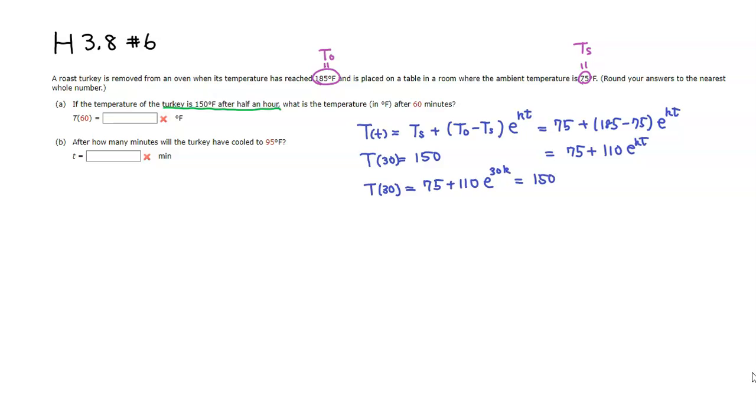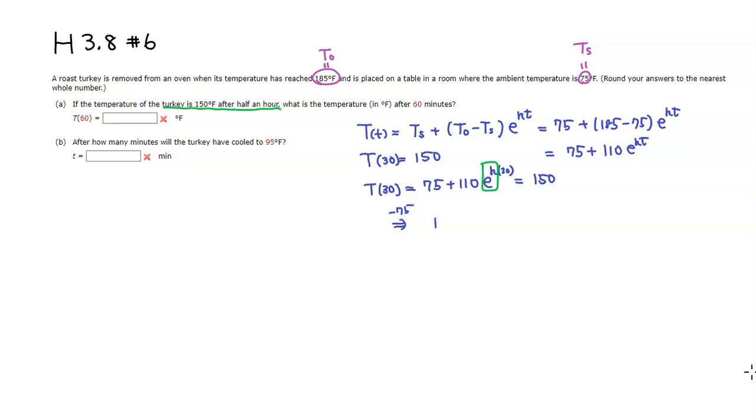Let's solve for e to the k. Maybe I should have written it differently here, as e to the k times 30. First, I'm going to subtract 75 from both sides.